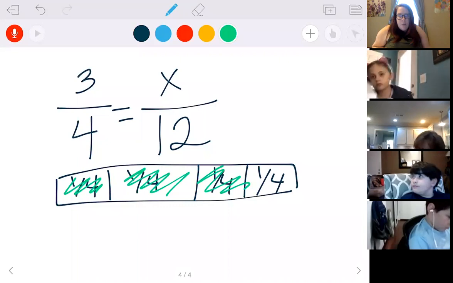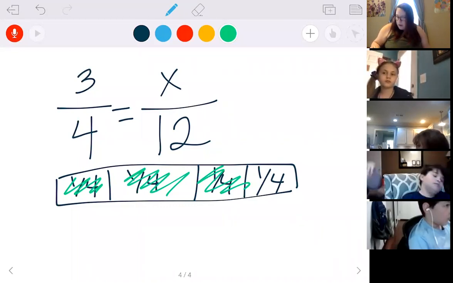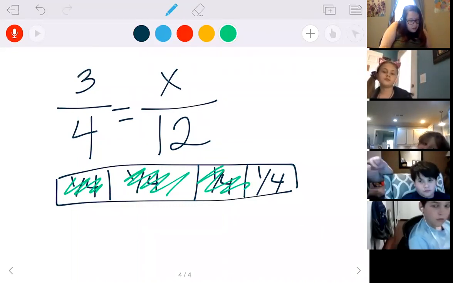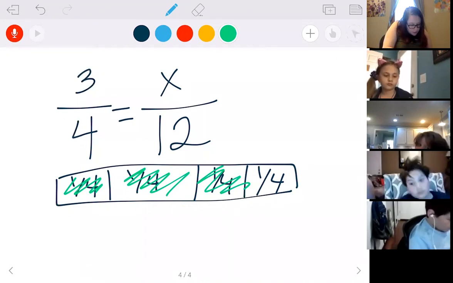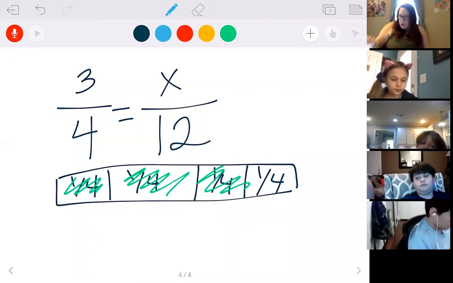Then I need to see how many 12s will fit in there. So if I look at the little chart and I count over 1, 2, 3, and then I go straight down, 1, 2, 3, 4, 5, 6, 7, 8, 9, 9 12s.